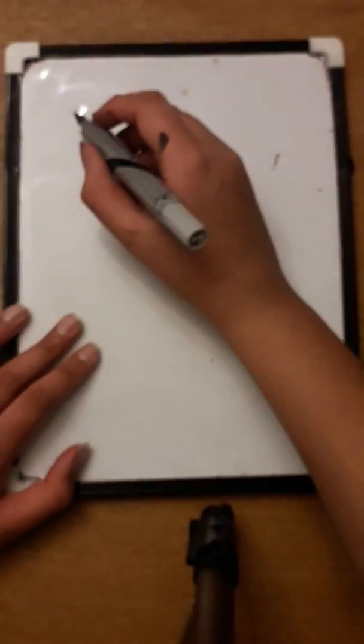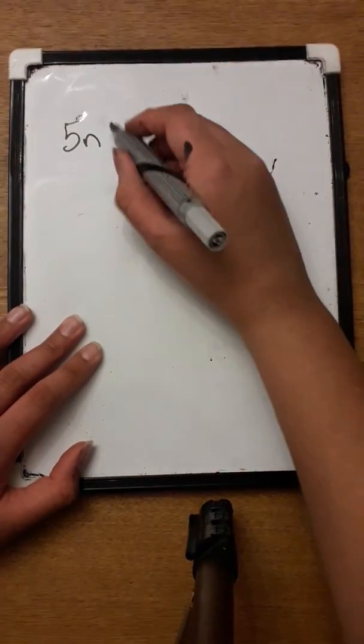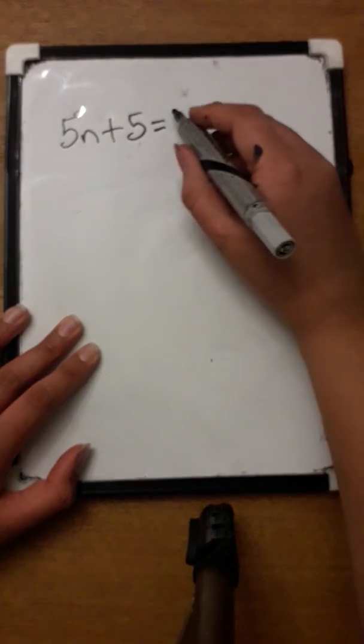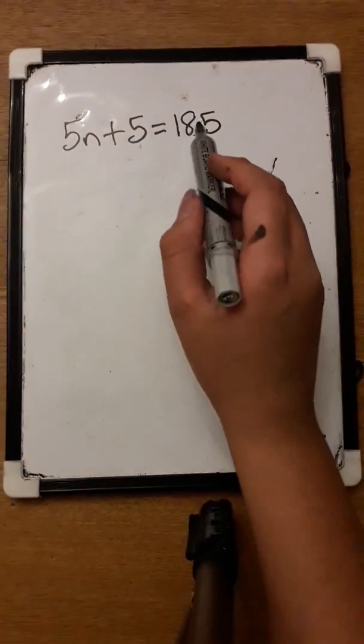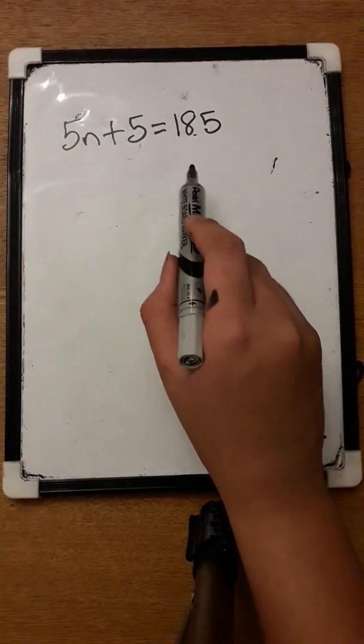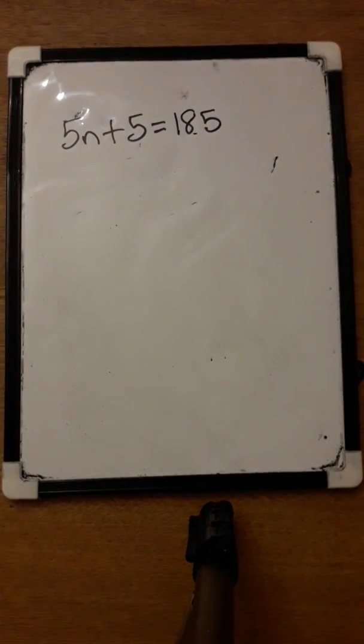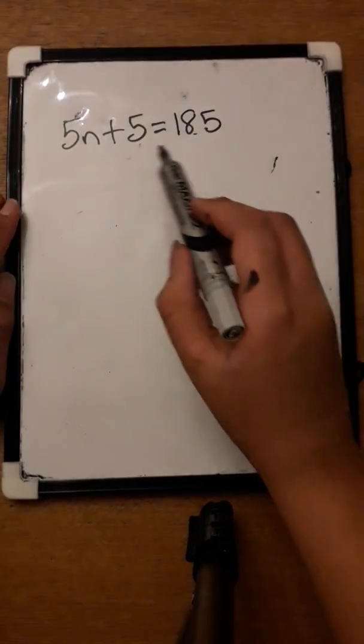Another example that would be part of the sequence may be 5n plus 5 equals 185. The example would say, is the term 185 part of the sequence? Okay, so I've just skipped straight into it.